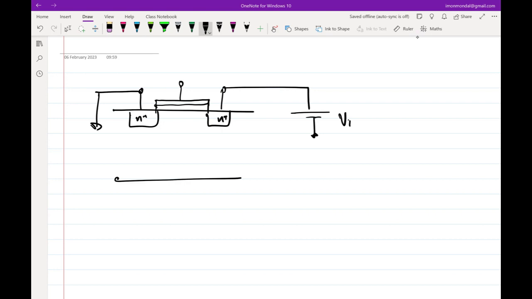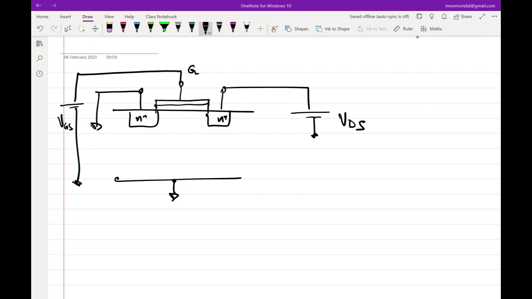The voltage that I'm applying between the source and drain is VDS. Let's assume that the body is grounded. And this was the gate. The voltage between gate and ground, let's say, is VGS.